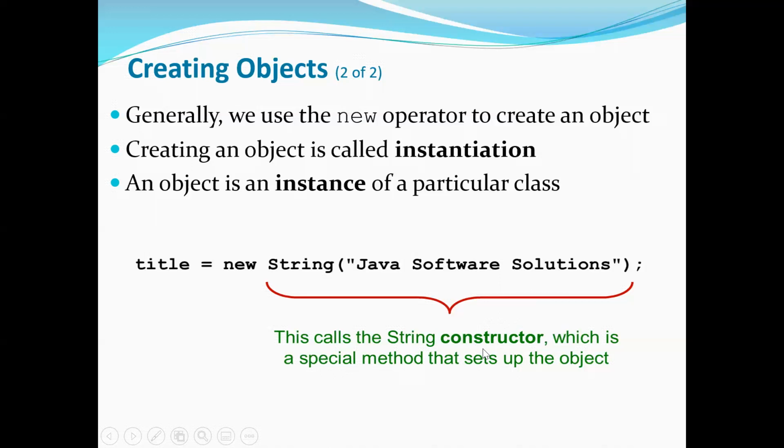A constructor is a special method that normally initializes the object that we are creating. So we say this calls the String constructor, which is a special method that sets up the object. Normally we can create this using one line. So we start with String title equal to new String, then Java Software Solutions.